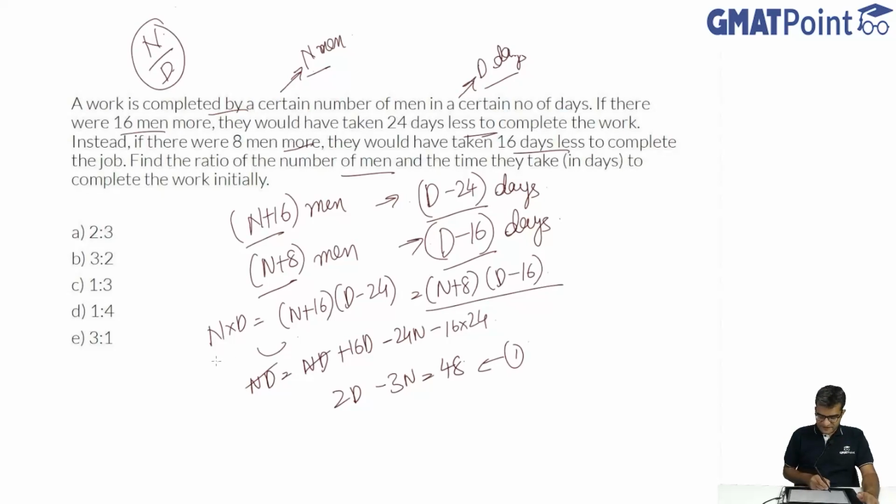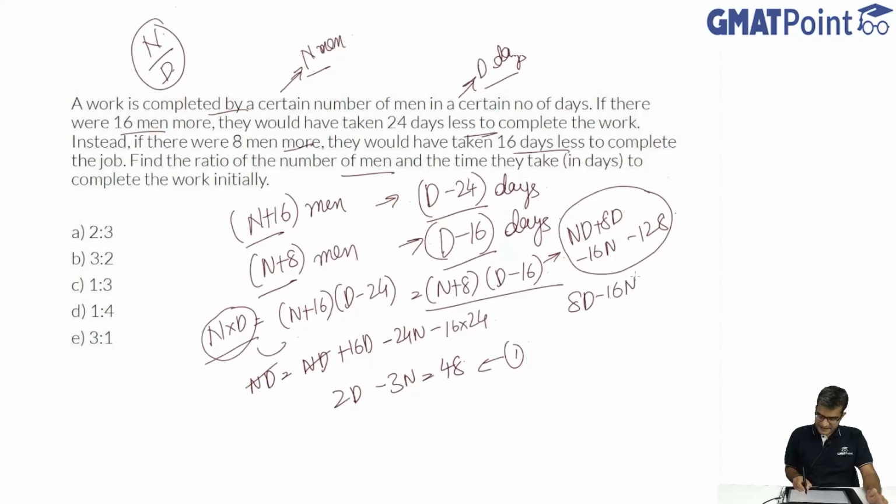From the second equation, where we equate N into D with N plus 8 into D minus 16, if you expand this, this will be ND plus 8D minus 16N minus 128. As this is equal to N into D, it would imply that 8D minus 16N is equal to 128. Or if you divide the entire equation by 8, D minus 2N is equal to 16. This is the second equation.